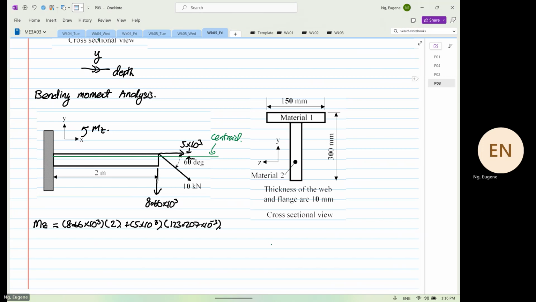Are we clear? Okay, so this will be equal to 8.66 times 2 plus 5 times 10 to the power 3 times 123.207 times 10 to the power minus 3, which is equal to 17.936 times 10 to the power 3 Newton meter.